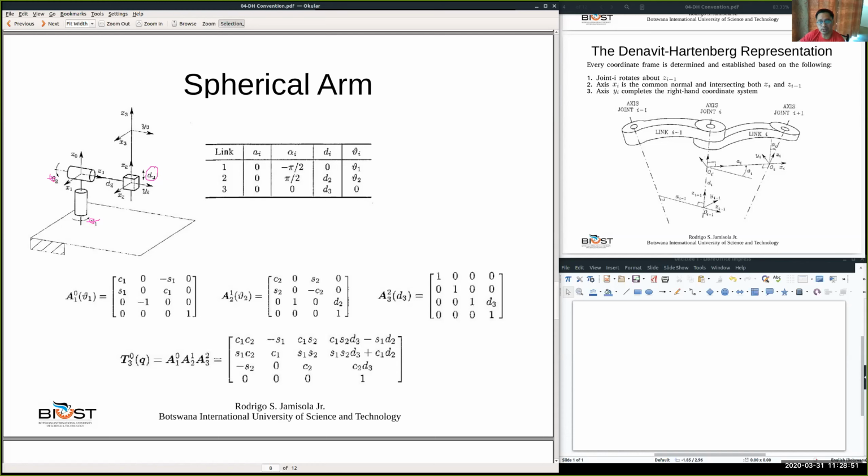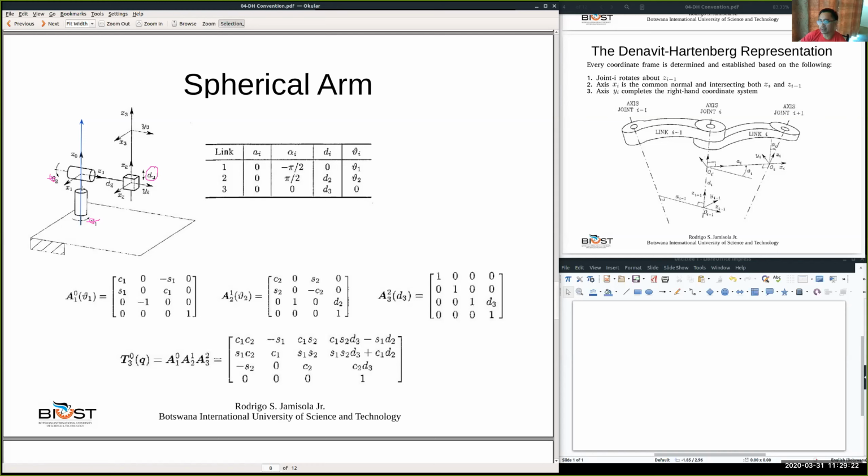So blue is the Z-axis, so we make it blue. Let's make it nice now, because we have achieved certain understanding. So that's Z0, and theta 1 rotates about Z0, and that's the rotation of theta 1.